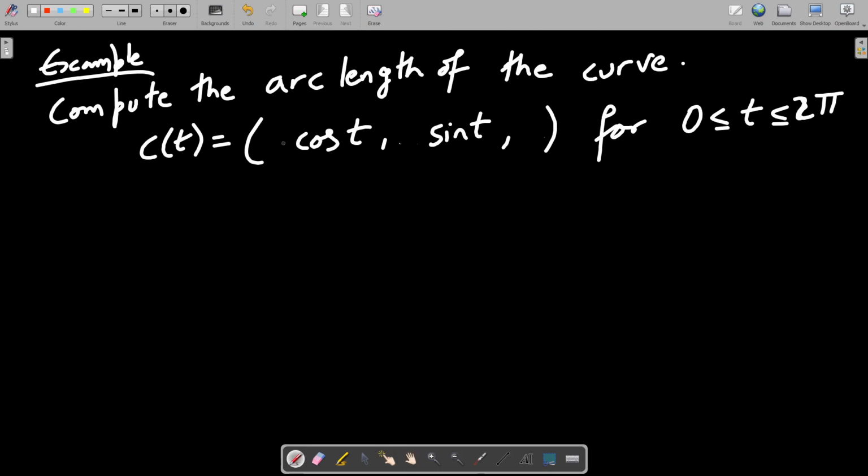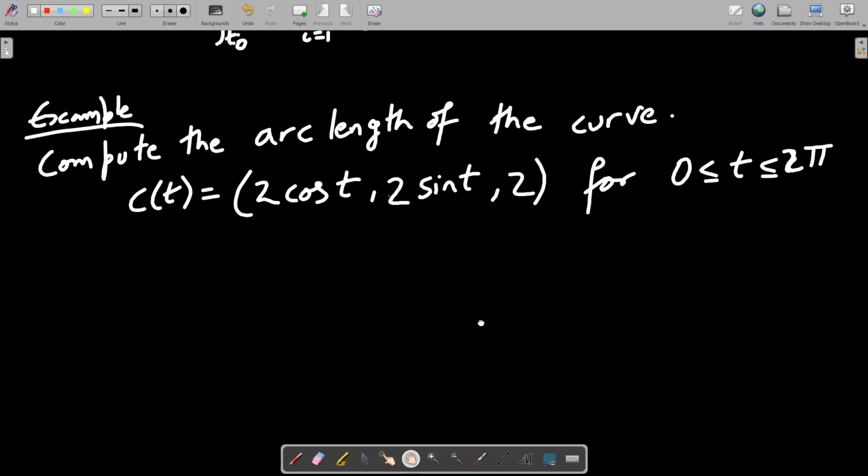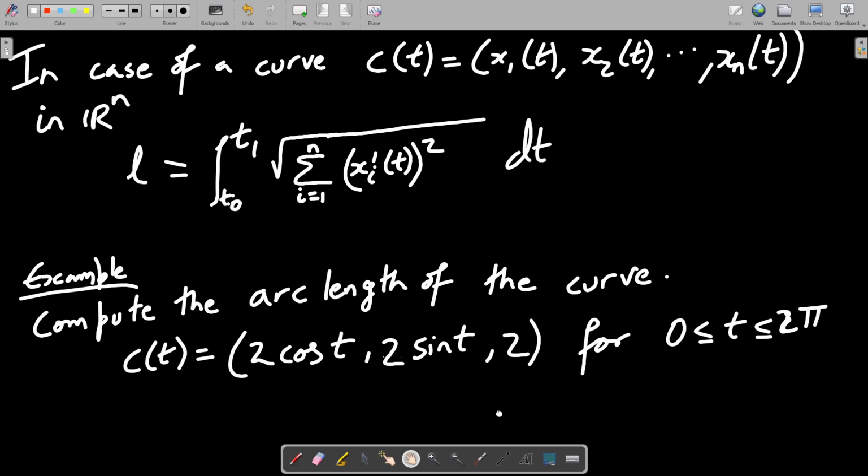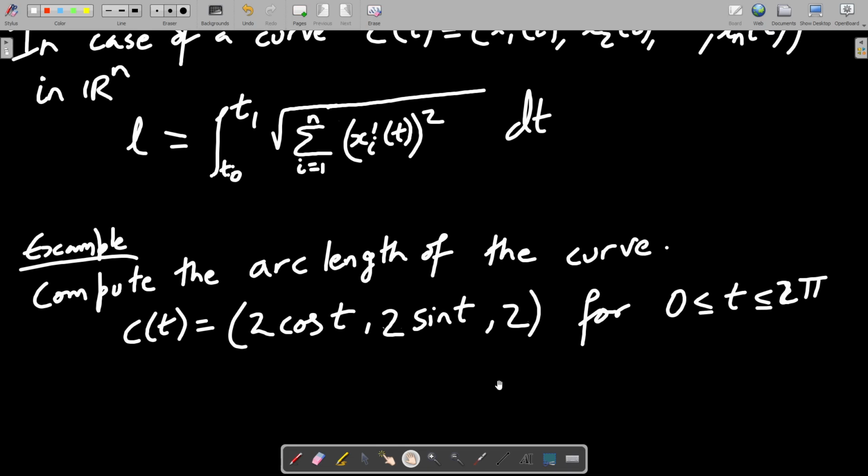So what should this be? The solution is first to try finding out what is C prime of t.